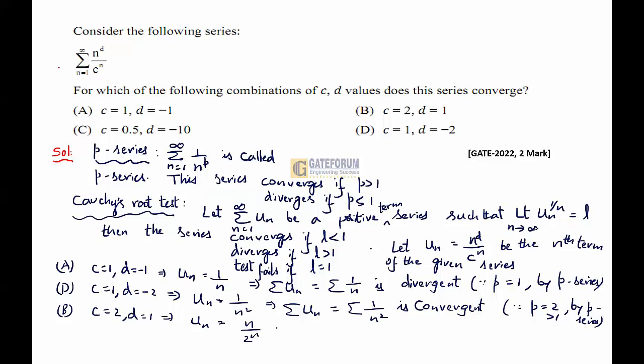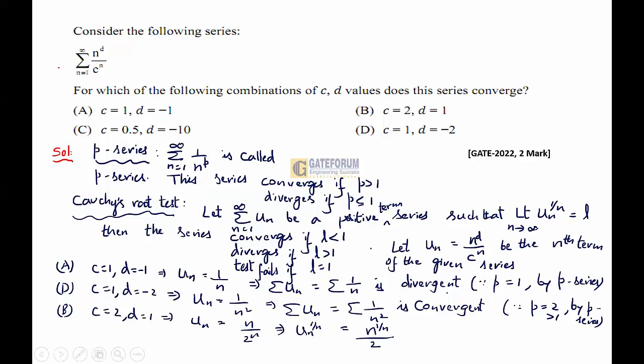Okay. So what is un power 1 by n? For numerator and denominator apply power 1 by n. So the numerator becomes n to the power 1 by n, denominator 2 power n whole to the power 1 by n. A power m whole power n is a power mn, so it simply becomes 2.